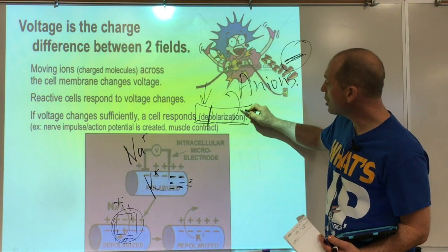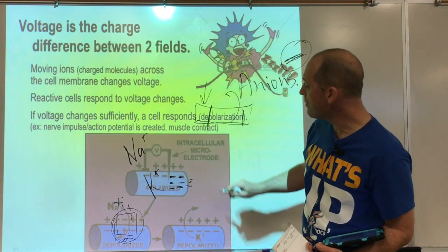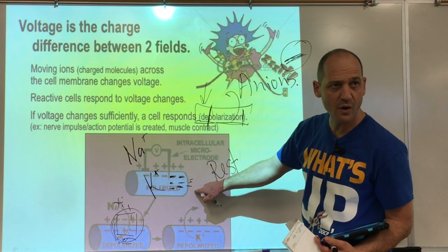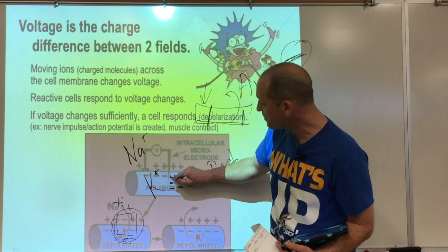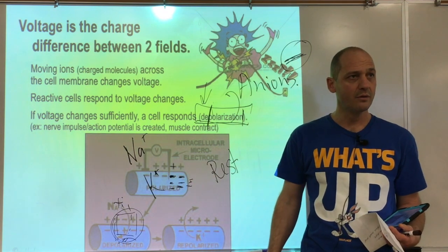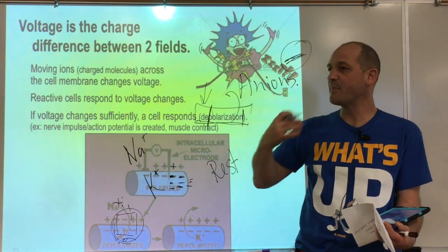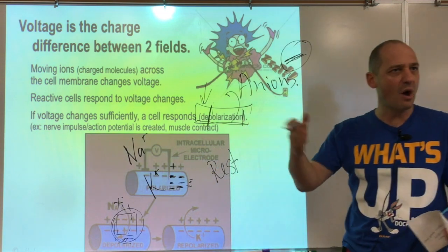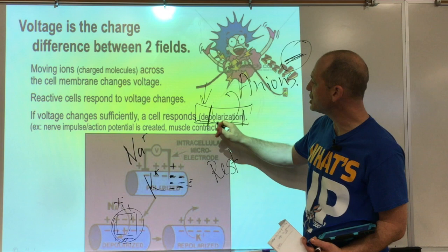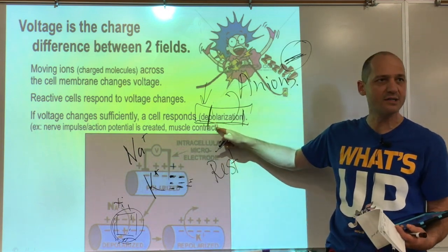Polarization talks to the fact that when a nerve is at rest, it does not move, nothing goes wrong, but we have that difference between the negative and the positive on the inside and the outside. That's polar, like the Earth, North Pole, South Pole, or like the battery in this microphone, a positive and a negative, that's the pole. Polarity. So when we change that polarity, we take that polarity away, we call that depolarization.